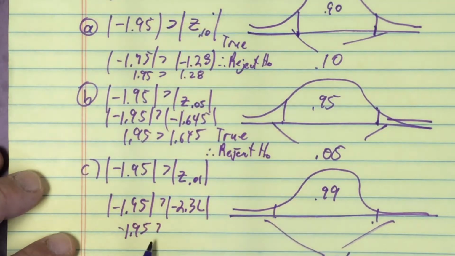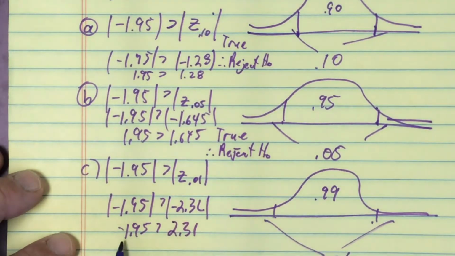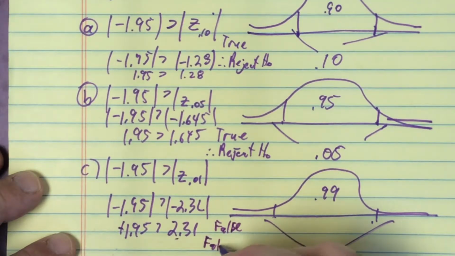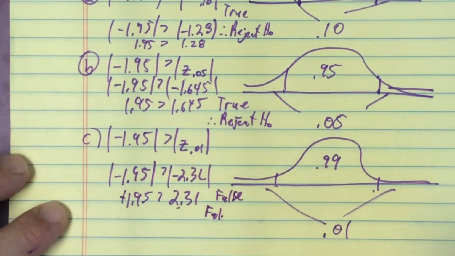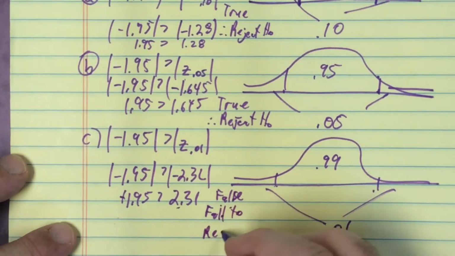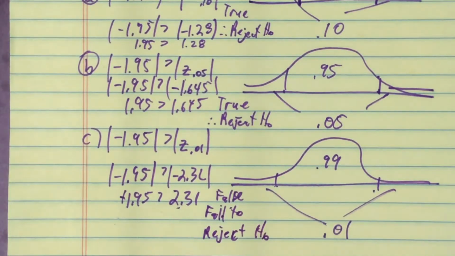Well, negative 1.95 is not greater than 2.32. Therefore, this is false. Therefore, I fail to reject the null hypothesis.